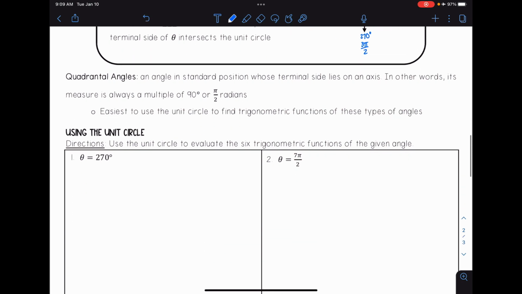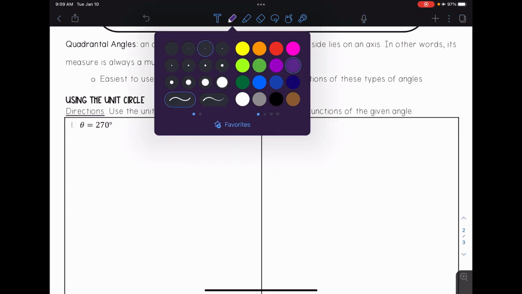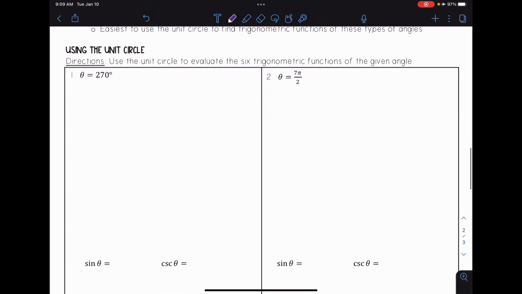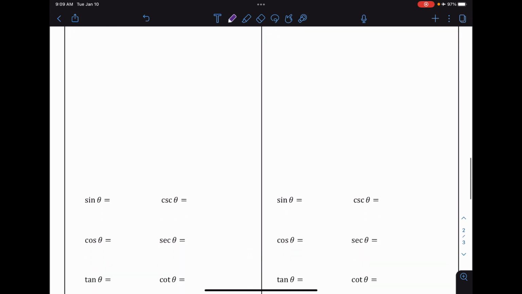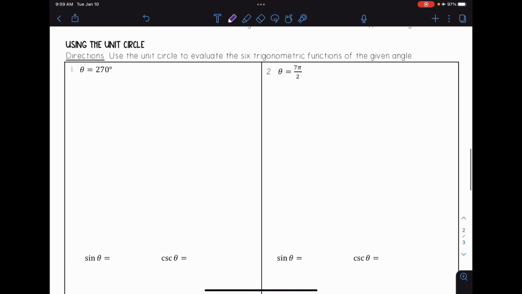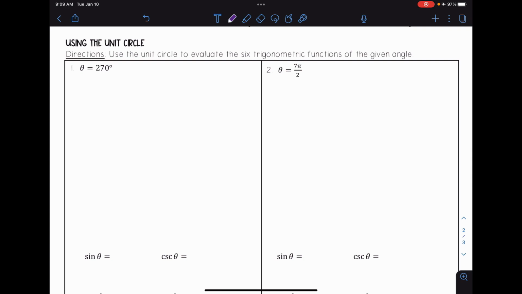So let's go ahead and do some practice with using the unit circle. So we're going to use the unit circle to evaluate the 6 trigonometric functions of the given angle. So the first one we have theta is equal to 270. So first I'm going to go ahead and draw this angle in standard position. Remember here we're looking at degrees.